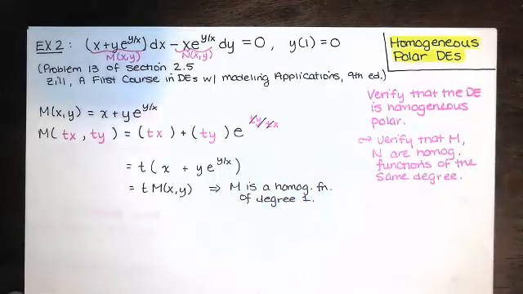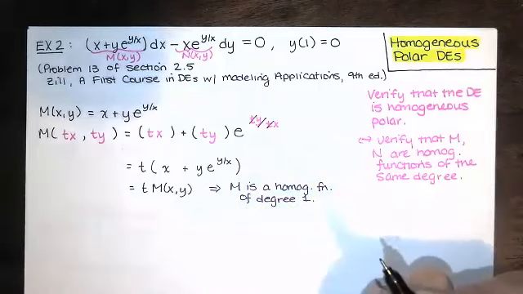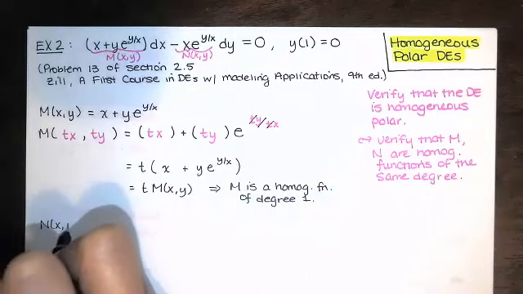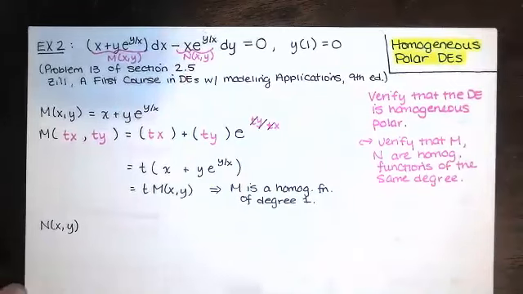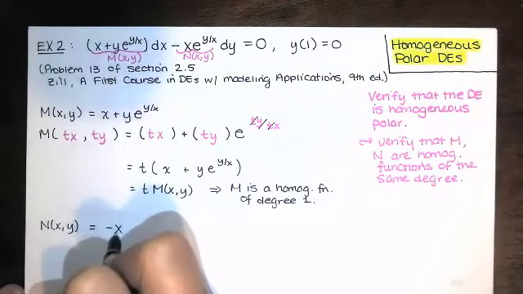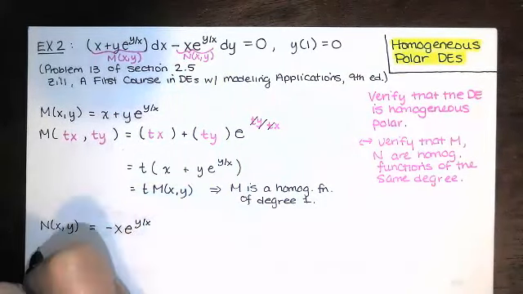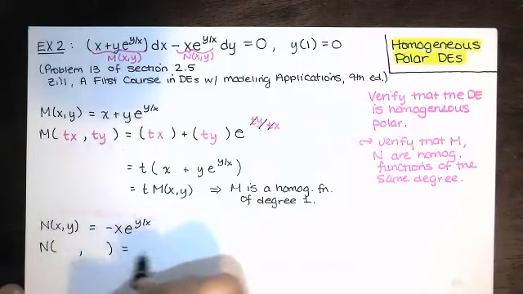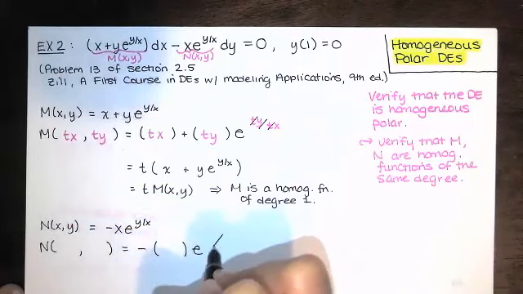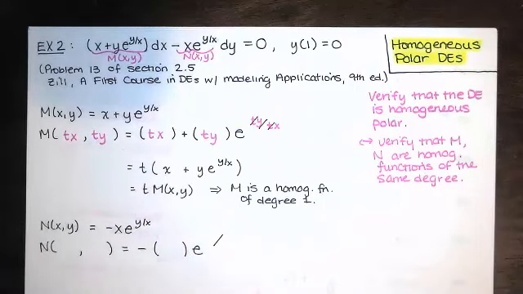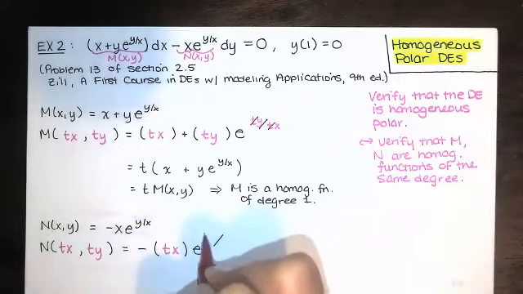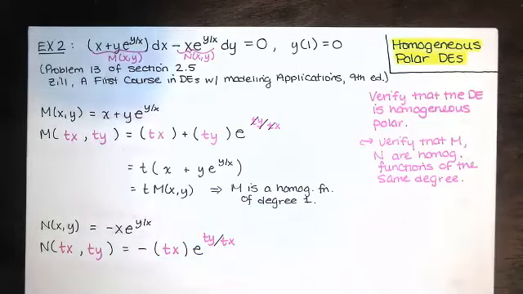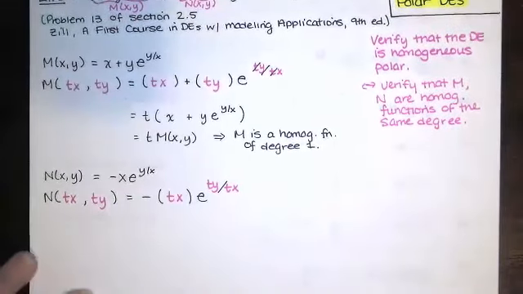So if N is also a homogeneous function of degree 1, then we know that we are dealing with a homogeneous differential equation. Now N is that other function, the one that's multiplying dy. The question is, if I replace x with tx and I replace y with ty, can this be written as t to some power times N?